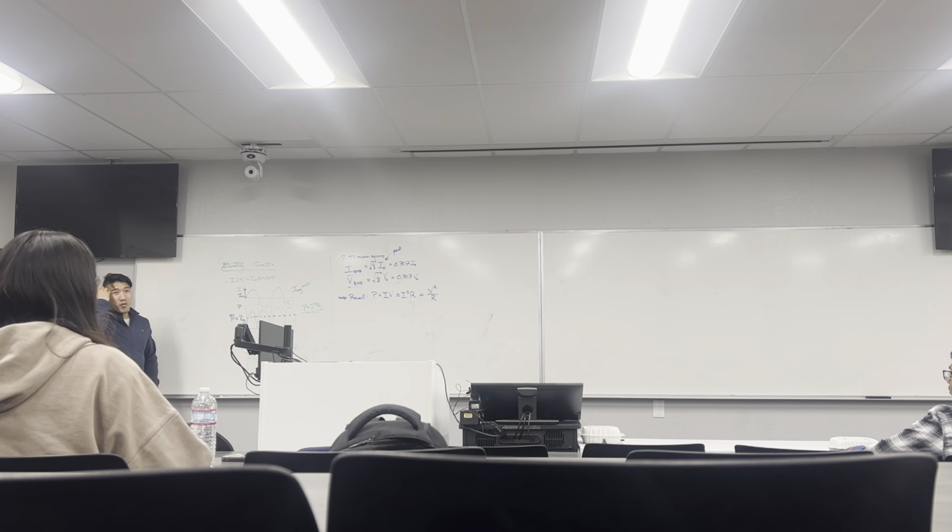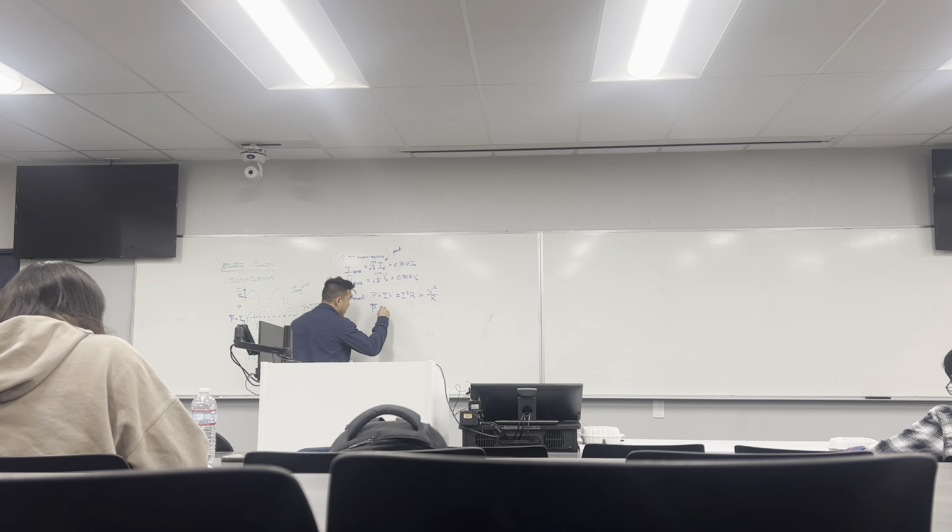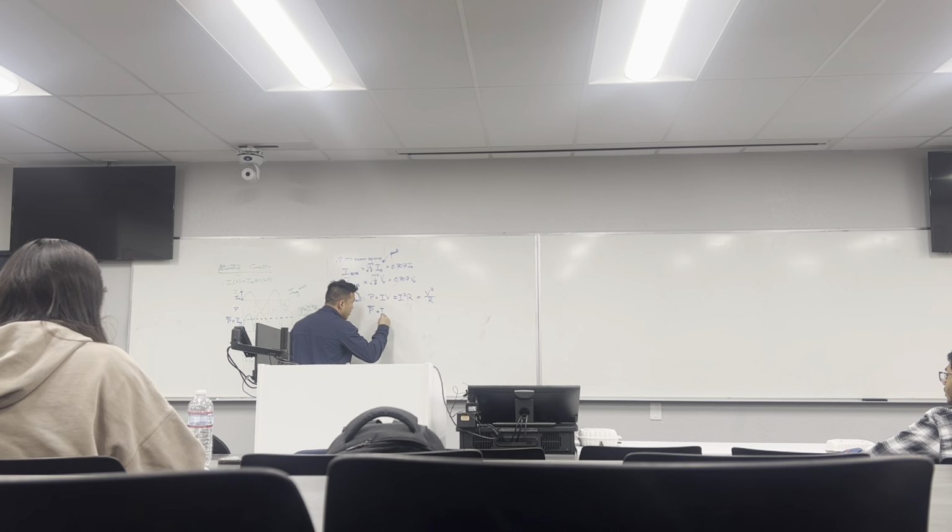Well, if we have this root mean square value, then we can actually get the average power for alternating current. This is the average. This is actually going to equal I root mean square times V root mean square, or an alternate form is I root mean square squared times R, or V root mean square squared over R.